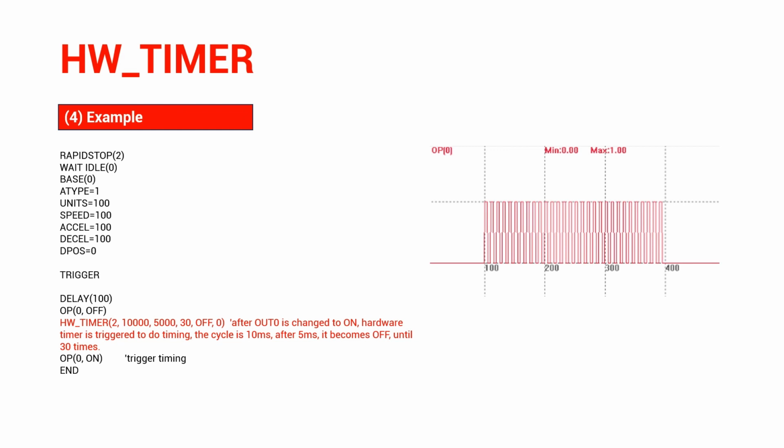The example, basic parameter settings, turn off OP, the cycle is 100,000 microseconds. The valid time of each cycle is 50,000 microseconds, for 30 comparison outputs, and the reference is the off electric level. So we need to send one OP on command for triggering timing.